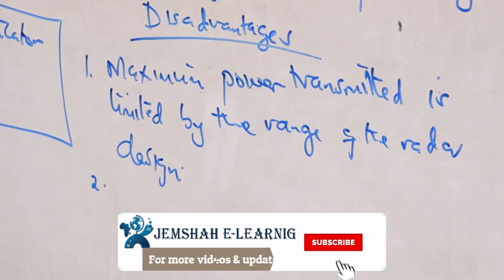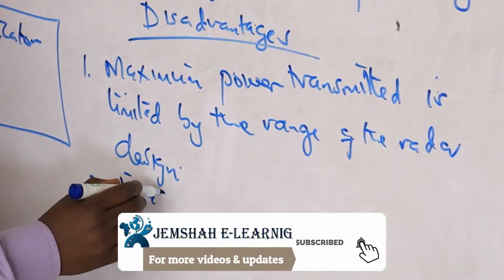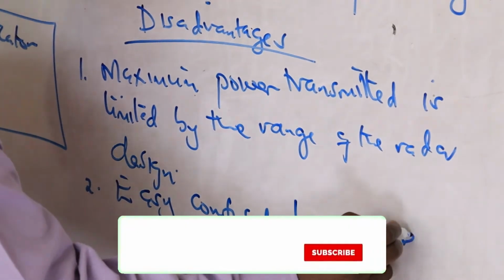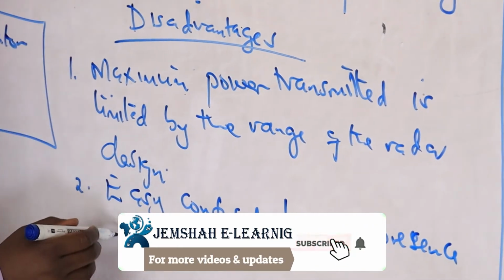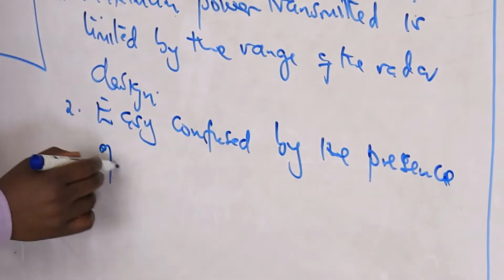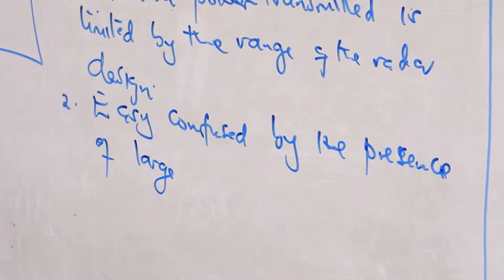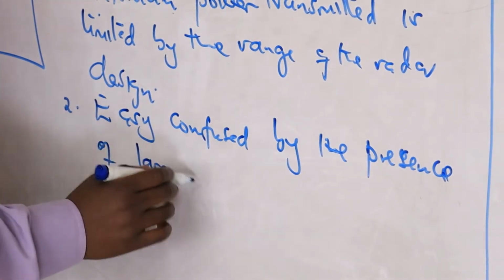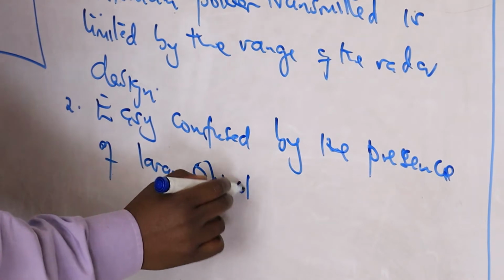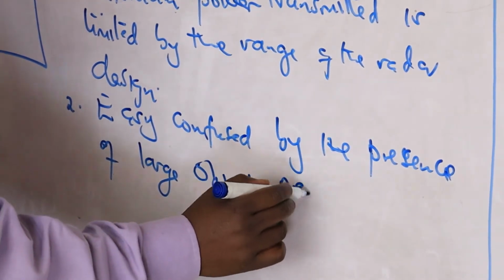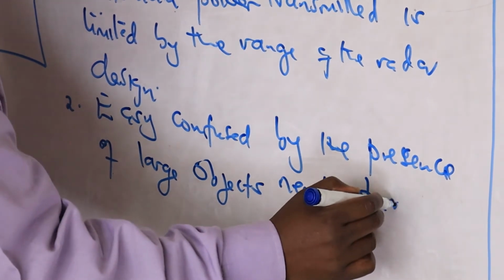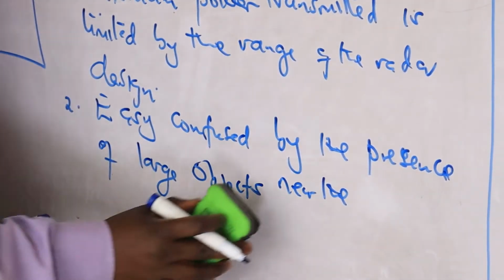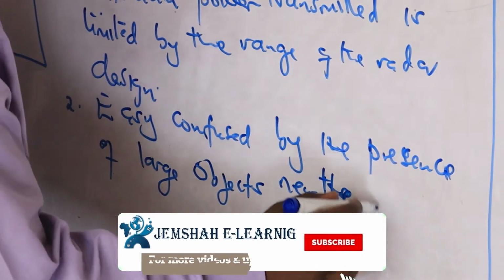Another thing is that this type of radar is easily confused by the presence of large objects near the receiver.